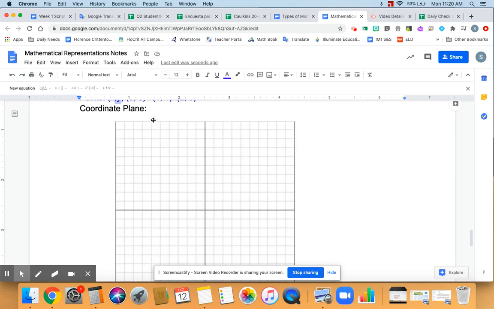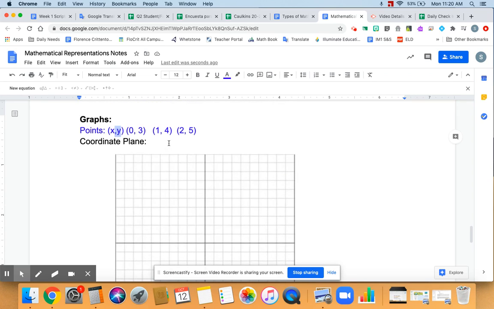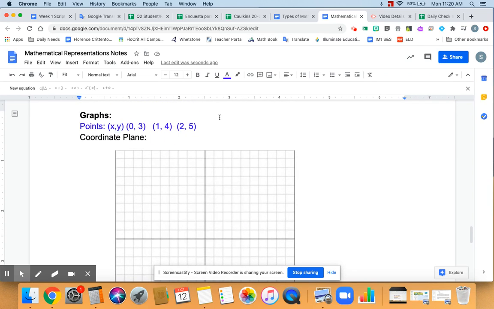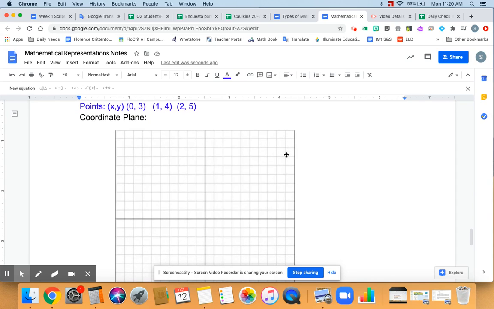So this right here is called a coordinate plane. Some people will say, Miss, that's a graph or a blank graph. The name for this is not graph. A coordinate plane is a blank x and y axis.